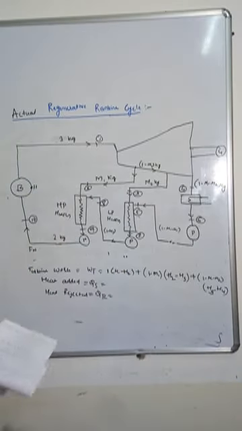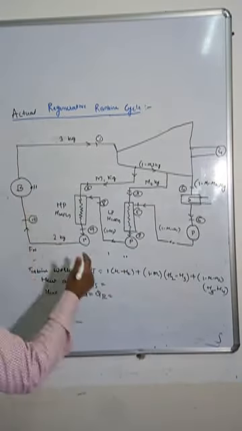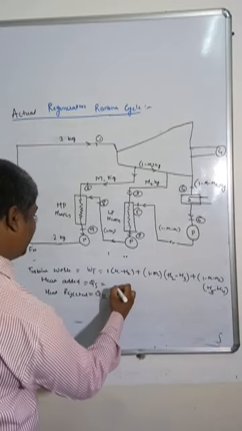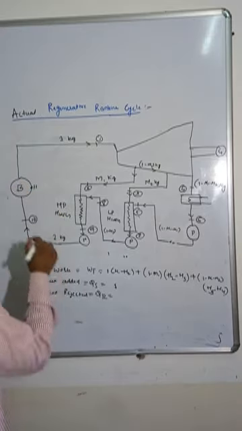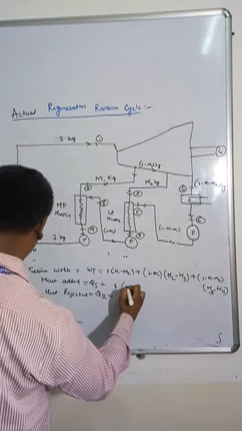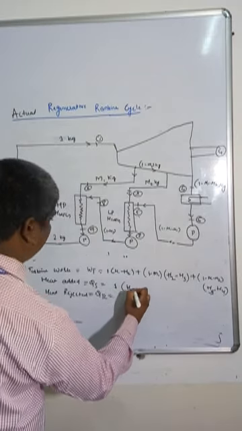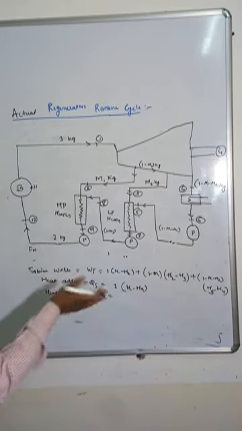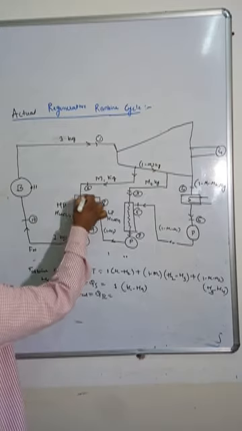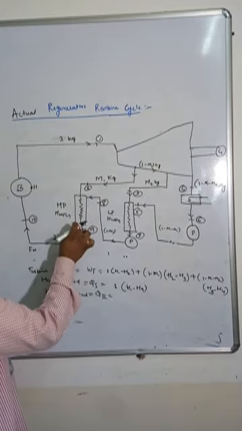Right. So what is the heat supplied? Simple. Heat supplied is 1 kg we are getting. Here also 1 kg, here also 1 kg. Heat supplied is at the boiler. How much is it? H1 minus H9, because we are neglecting pump work and everything. So directly from the high pressure heater, heat is supplied.